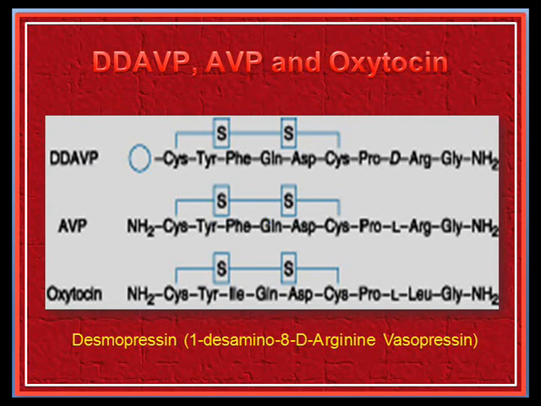Let us now look at the structural similarities between arginine vasopressin or the antidiuretic hormone, DDAVP, the synthetic analog, and oxytocin, which is the other posterior pituitary hormone.